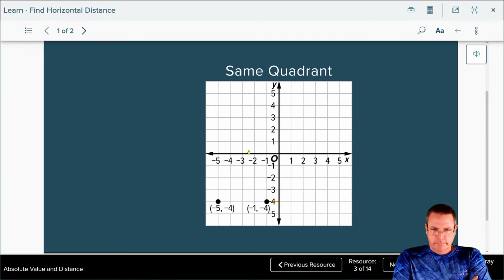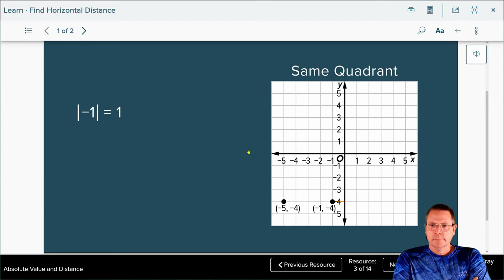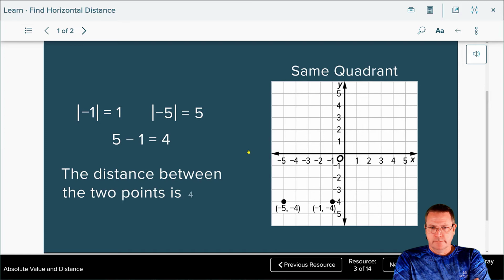The absolute value of -1 is 1, and the absolute value of -5 is 5. Subtract the absolute values of the x-coordinates to find the distance between the 2 points. 5 minus 1 equals 4. So, the distance between the 2 points is 4 units.